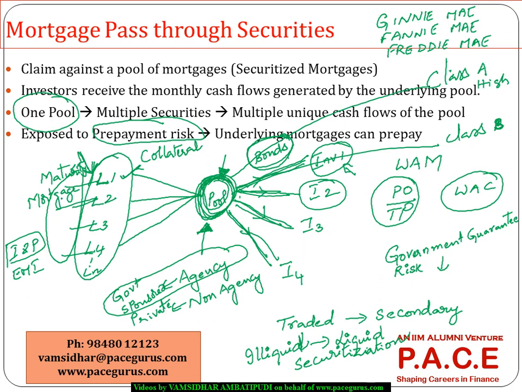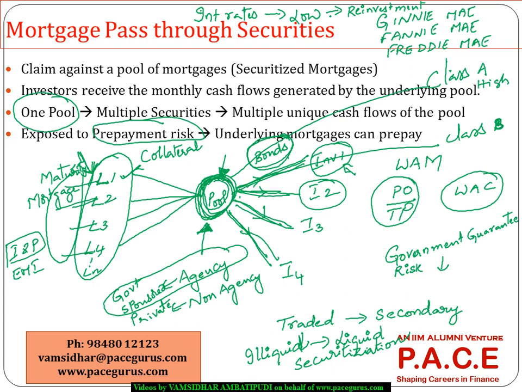The more prepayment comes, the more prepayment is paid to the investors, and generally we observe that more prepayments happen when the interest rates or mortgage rates are very low. Which means even though the lender is getting a big principal amount, he is exposed more to reinvestment risk because he cannot reinvest the funds better, since the interest rates prevailing in the market are much lower at that point. So there is a lot of exposure to prepayment risk.